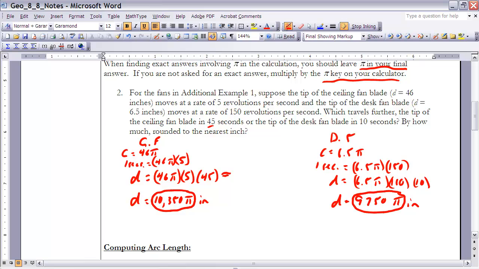That gives me a differential of 600 pi. And now if I take 600 times pi, I'll have what I'm looking for here, which is equal to 1,884.96 inches further. So the distance the ceiling fan travels is 1,884.96 inches further.